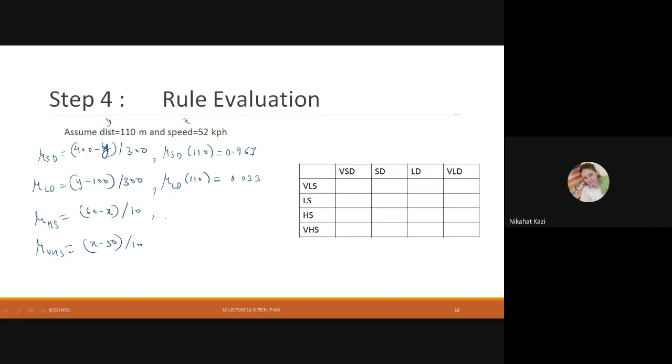Now we will substitute the value of speed as 52 in each of these equations and find the membership. So high speed of 52 is 8 by 10, which is nothing but 0.8. What about very high speed?